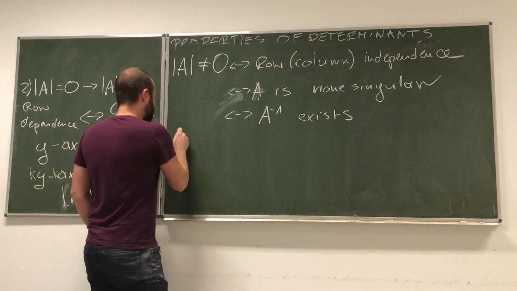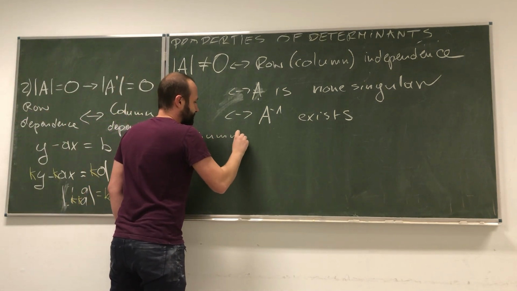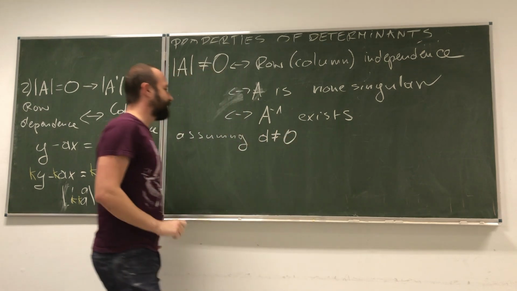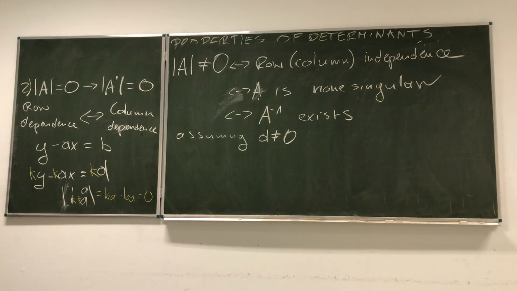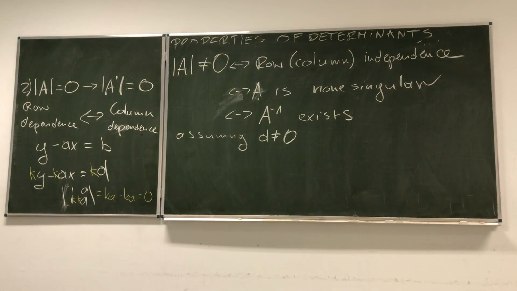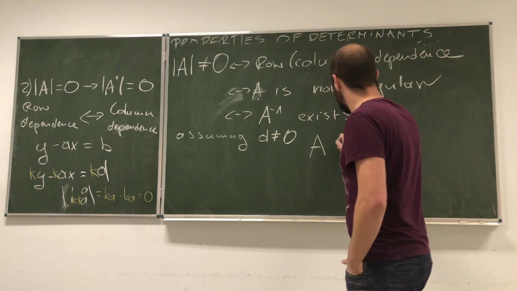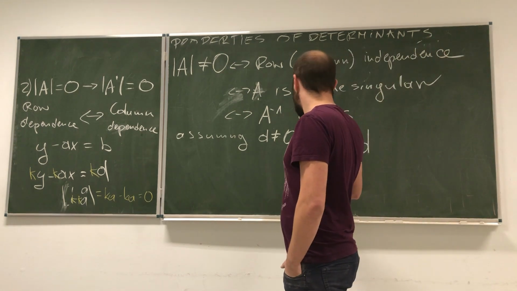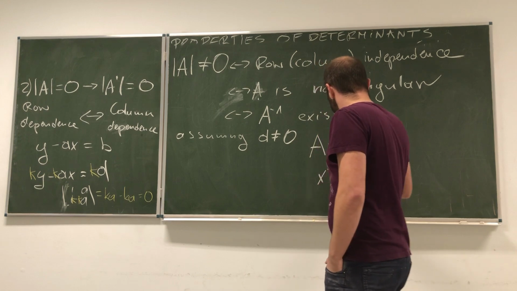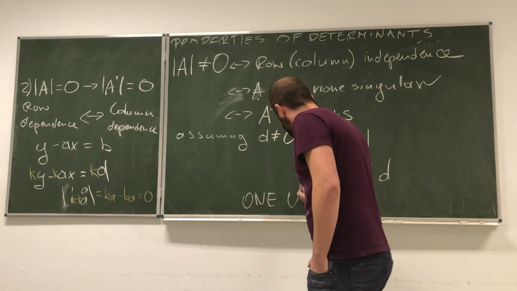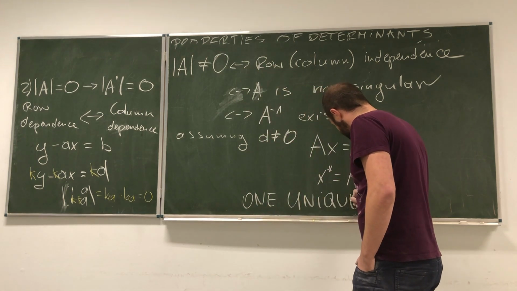Assuming that vector D is different than 0, by this I mean that at least one element of vector D is different than 0, then the system of simultaneous equations in matrix notation will have one unique solution.